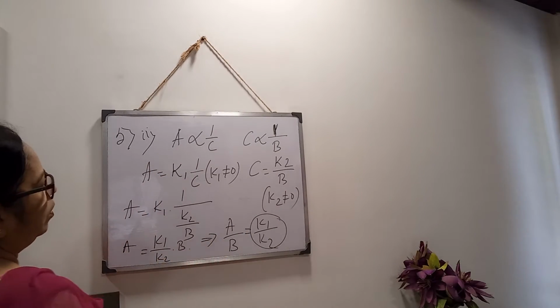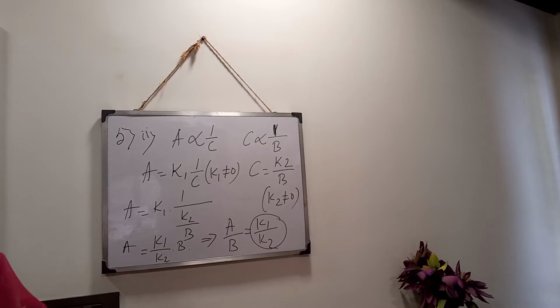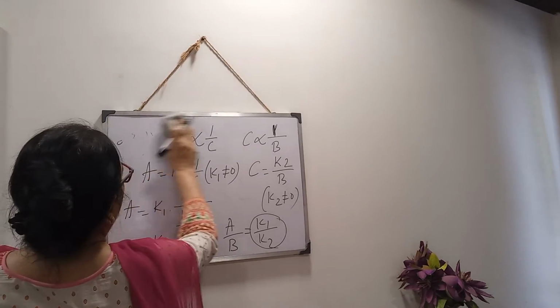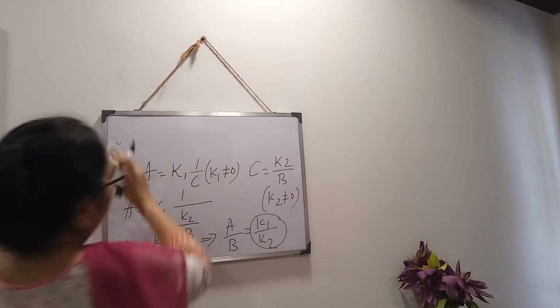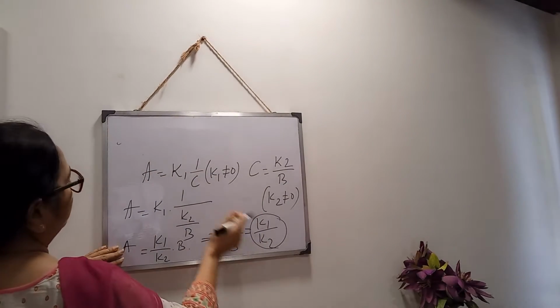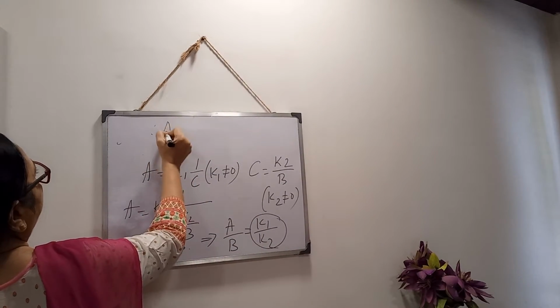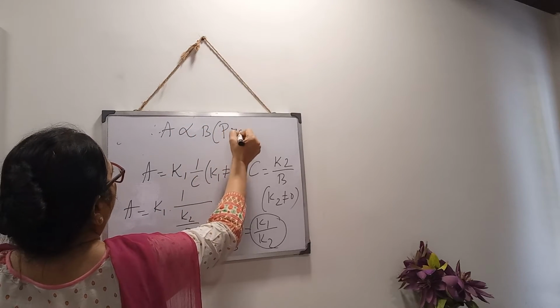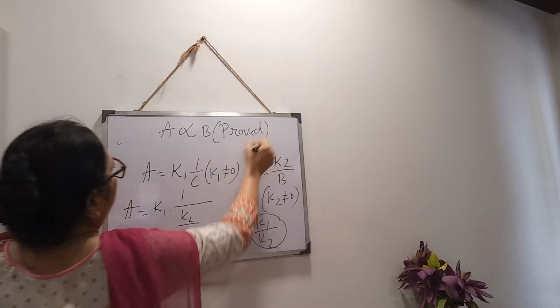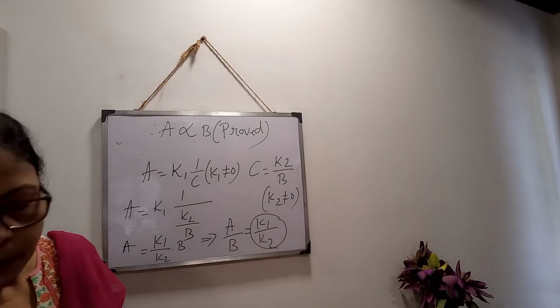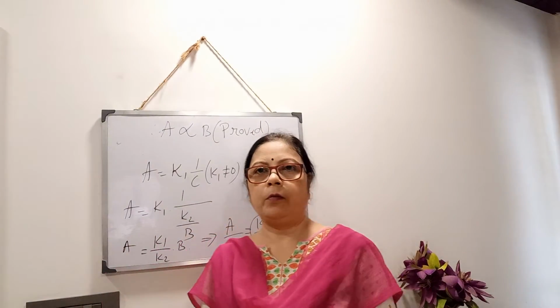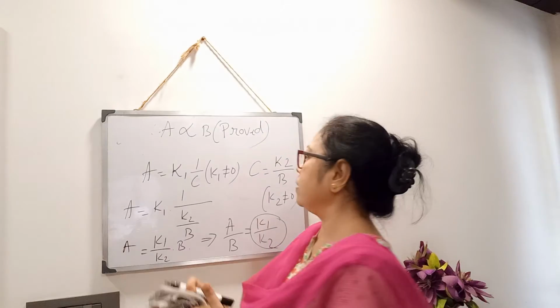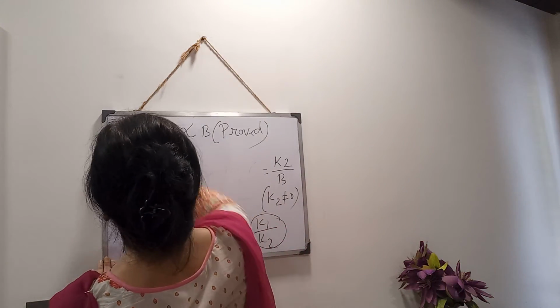So from here we can write that A is directly related to B. A by B constant means A varies as B. This you have to prove. If there are two or more variation relations, then you can take more constants like K1, K2, K3.